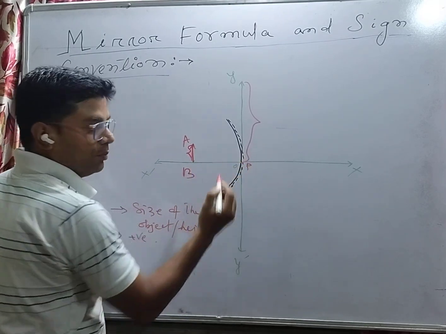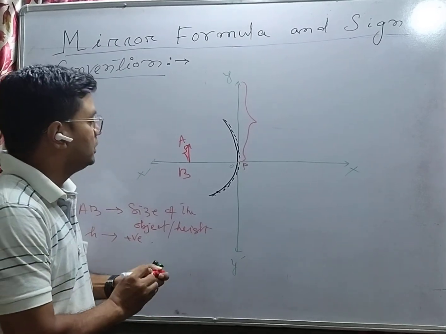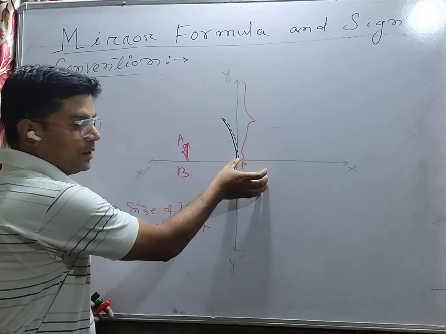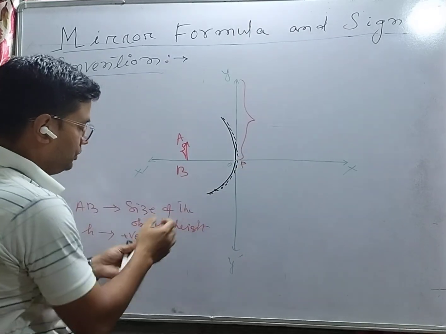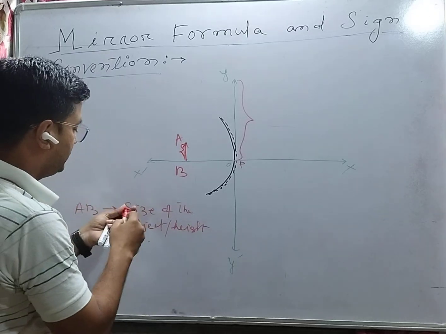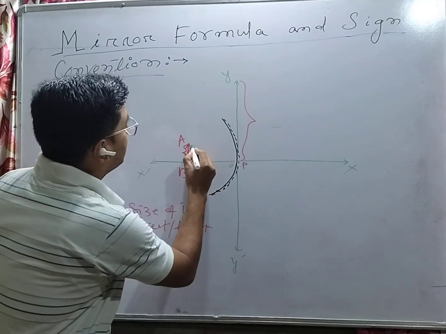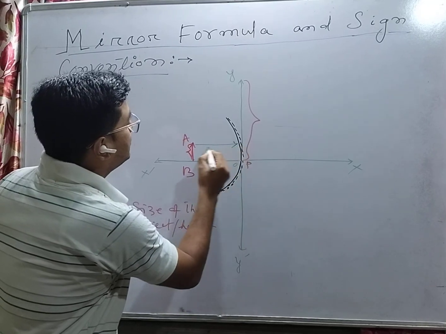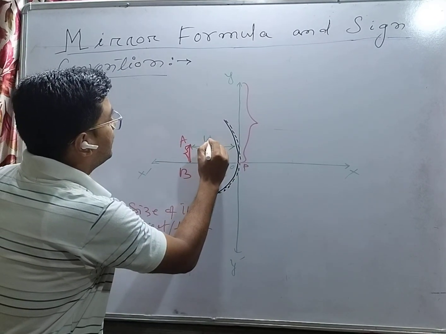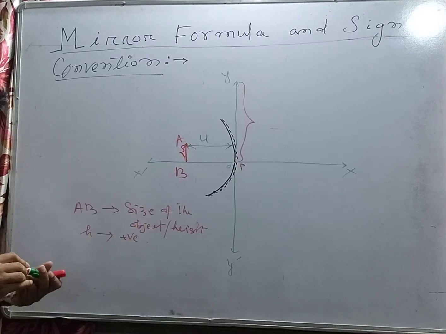I have already discussed that the distances are always calculated from the pole of the mirror. Suppose the object is at point P. The distance between the pole and the object is u.